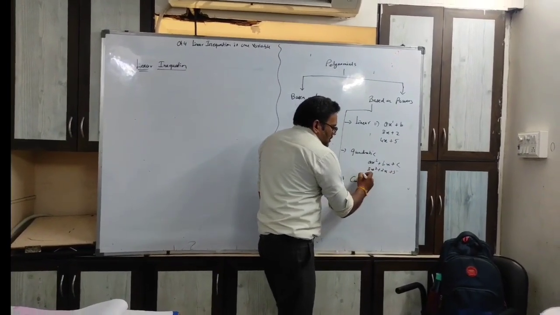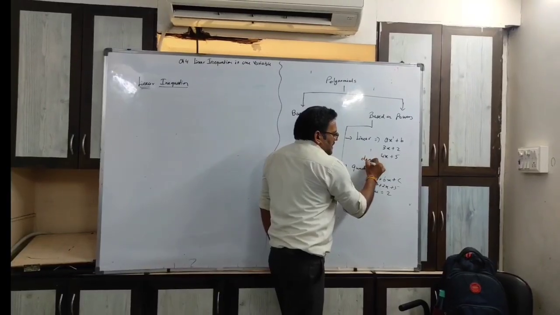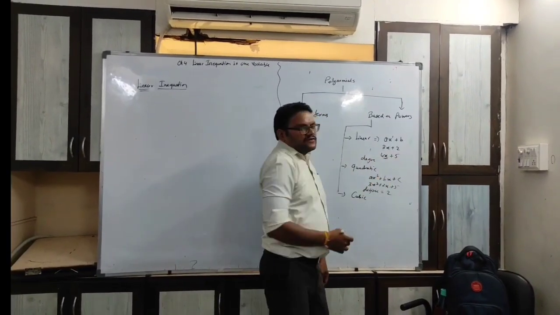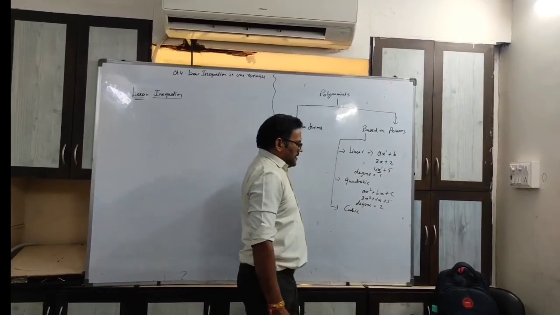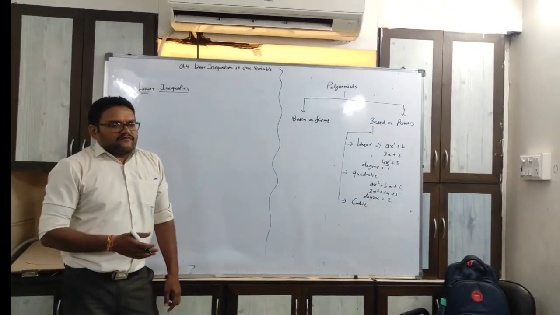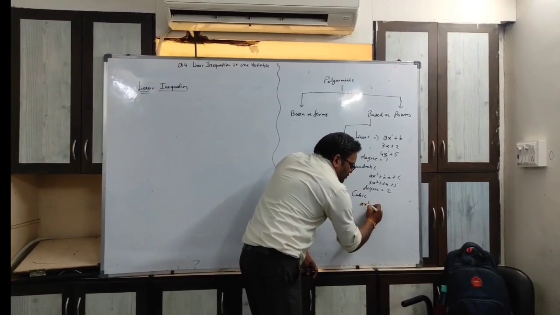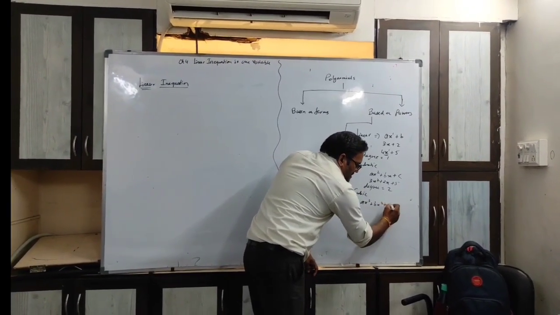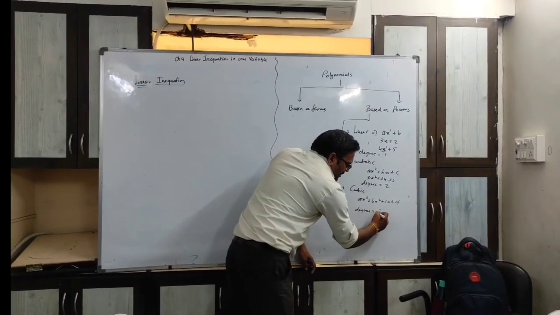In this one we have degree of polynomial as 2, and in the linear one we have degree, that is the highest power of the variable, as 1. When we go further to the cubic polynomial, we get the equation ax cube plus bx square plus cx plus d. In this we have degree of polynomial as 3.